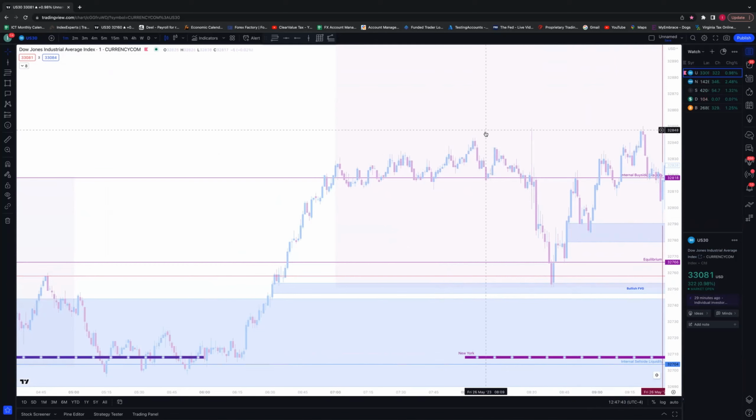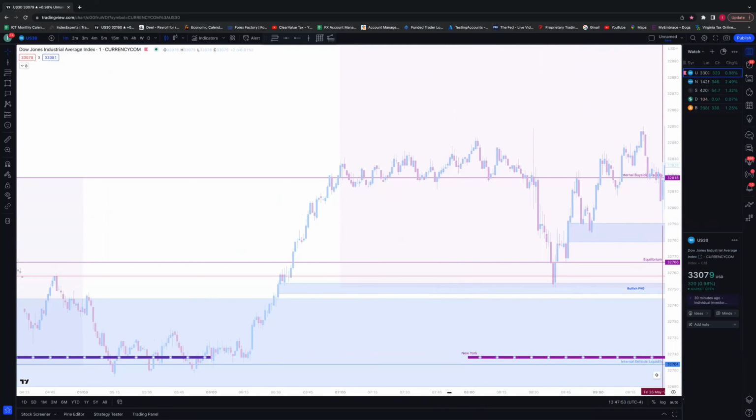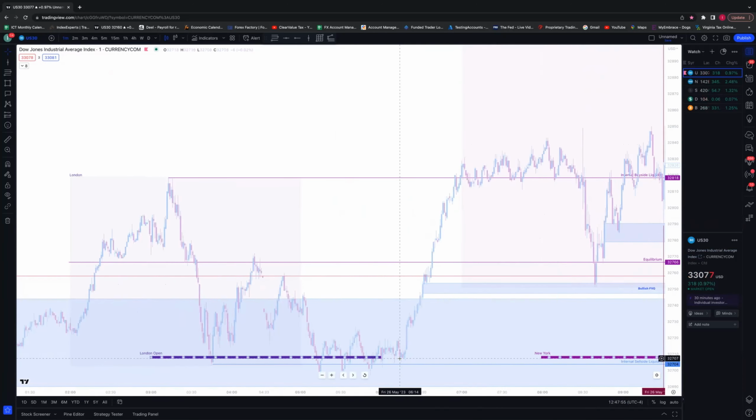Once we take buy side liquidity, we're looking for price to reverse. And why is price going to reverse? Because we need to fill at least 50% of this. And which one was the fair value gap closest to equilibrium? This one right here.